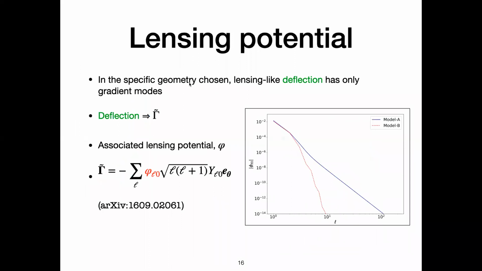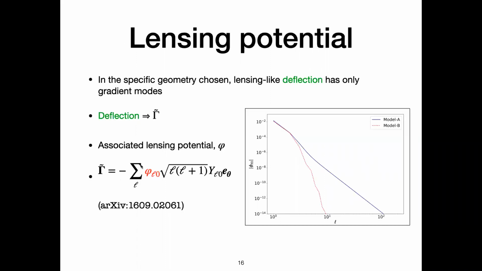In the specific geometry chosen, the lensing-like deflection only has gradient modes. The deflection is denoted by the parameter gamma, and of course there is a lensing potential associated with this deflection parameter. More details on it can be found in this arXiv publication.